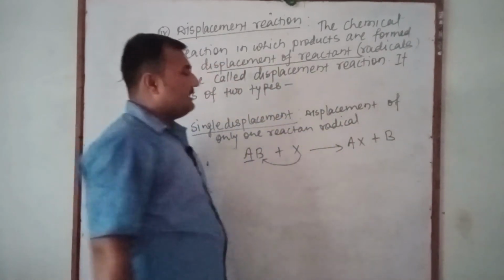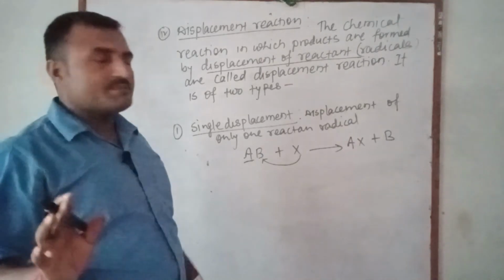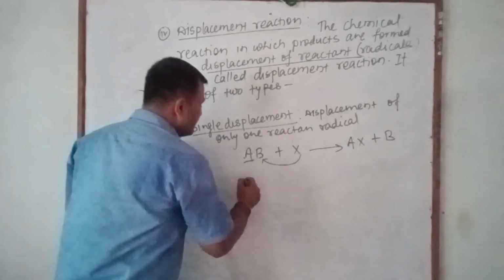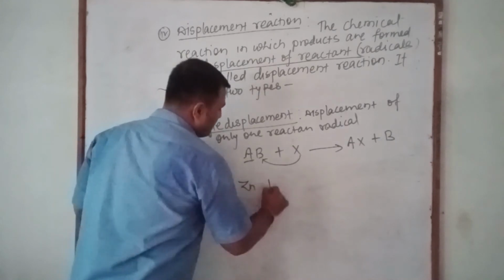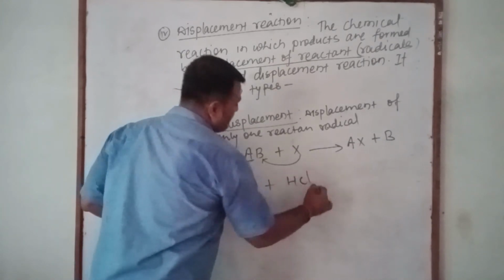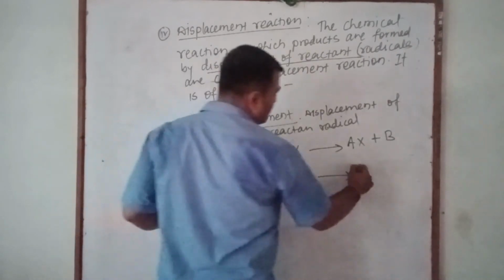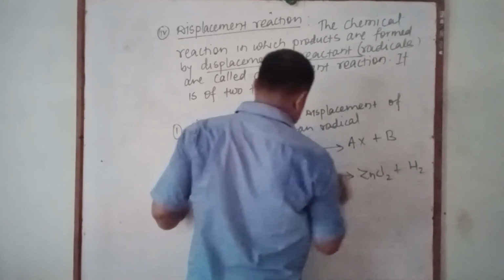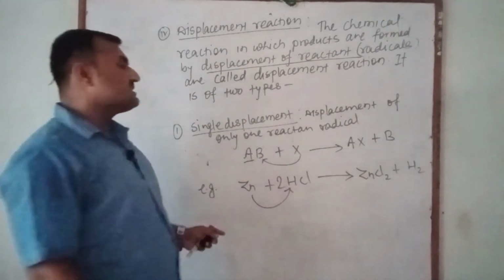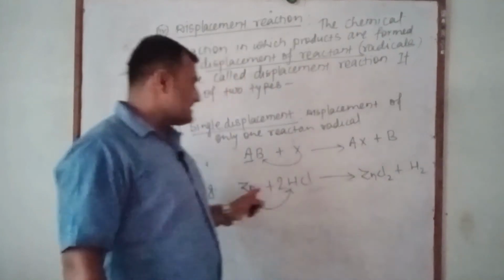Listen: if displacement of only one reactant radical takes place, then this is called single displacement. For example, zinc reacts with hydrochloric acid, and zinc displaces hydrogen and forms zinc chloride plus hydrogen gas. This is single displacement. Why? Because hydrogen only gets displaced by zinc.